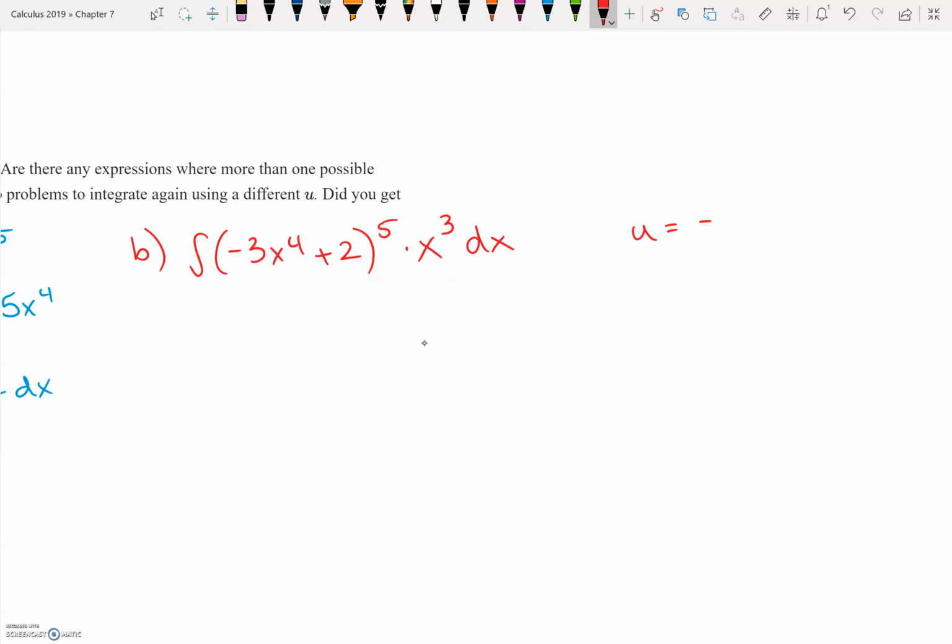U equals -3x to the fourth plus 2. We're going to take the derivative of this with respect to x, -12x cubed. We're going to solve for dx. We're going to replace this with dx in our original problem.